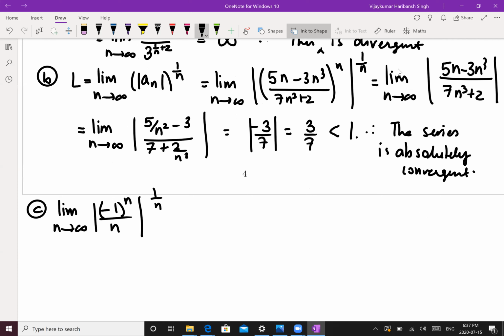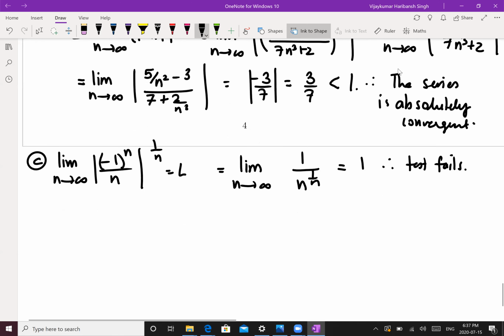This is your L, right? So you get the limit as n goes to infinity of minus 1 to the power n, whose absolute value would be 1. So you have 1 upon n to the power 1 over n. And this limit is 1. So therefore, the test fails.